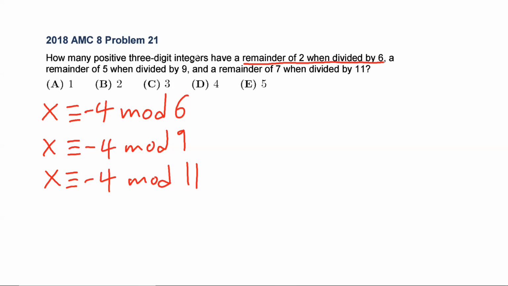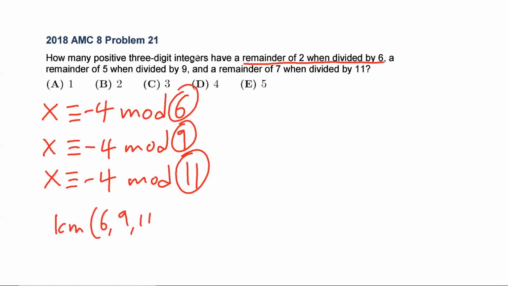So essentially, we know that x is negative 4 mod either 6, 9, or 11. So actually, all we have to do is find the LCM of 6, 9, and 11 and just subtract 4 from it.